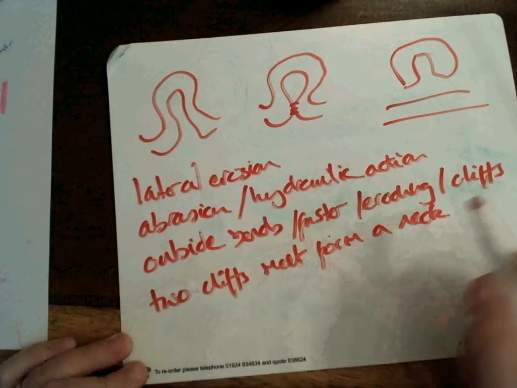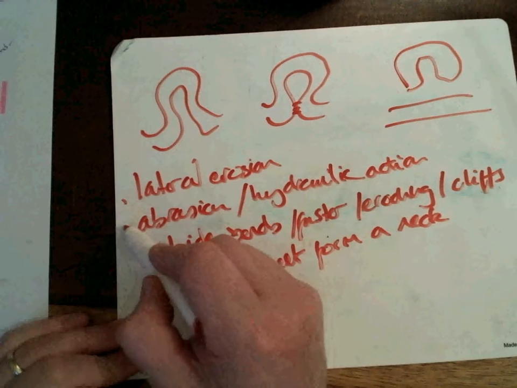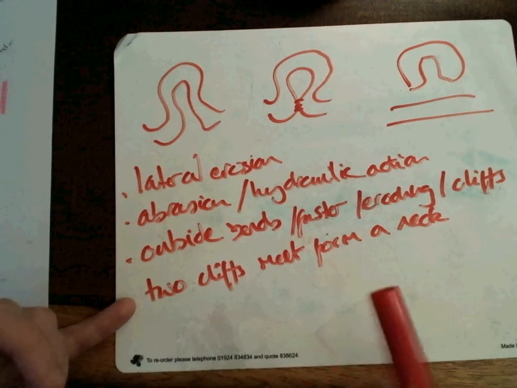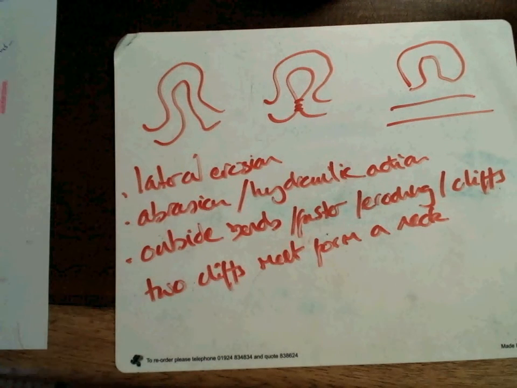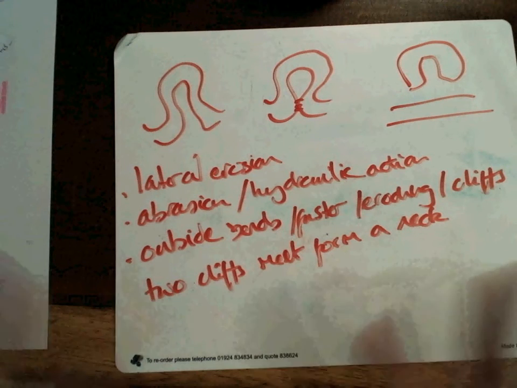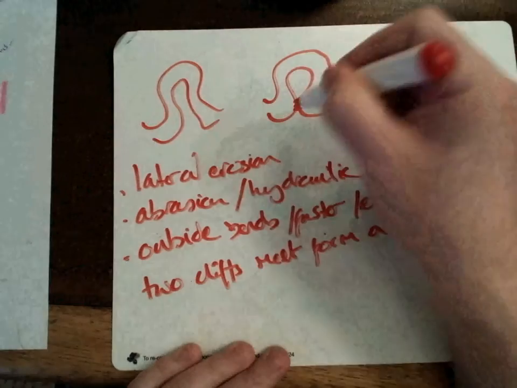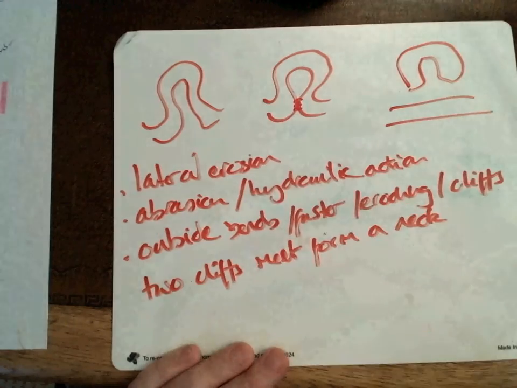Now these first three points I've gone through much faster because I've just gone through them in the previous answer. Here, abrasion and hydraulic action cause the outside bends to erode into cliffs. When those two cliffs meet, you get this formation here, which is known as a neck.